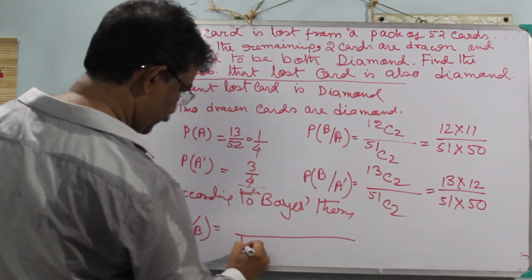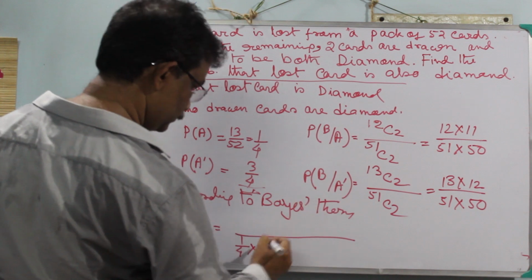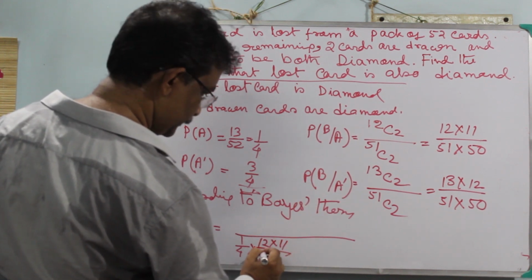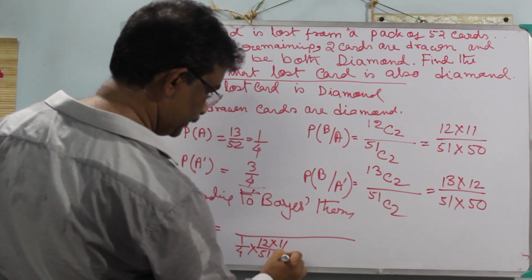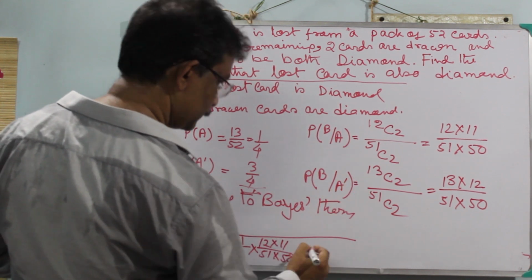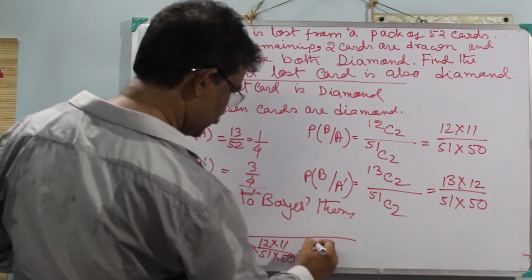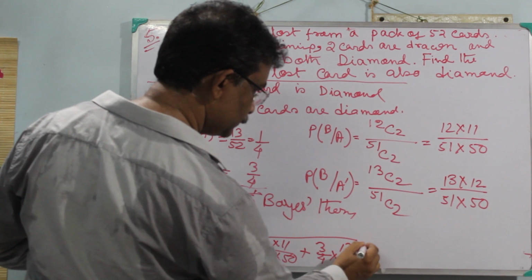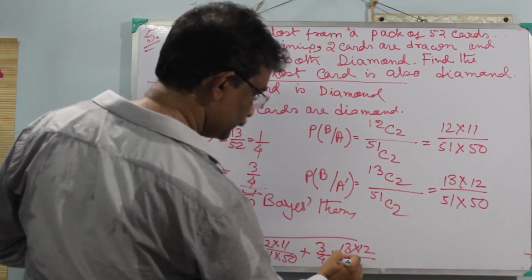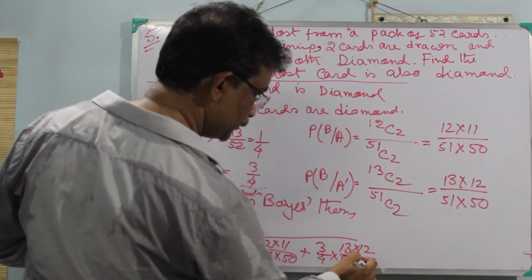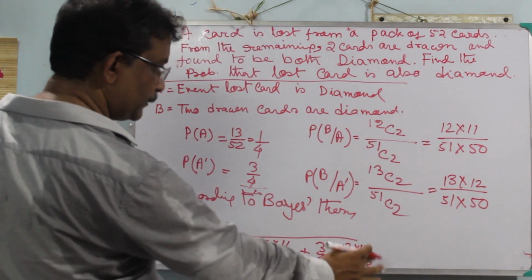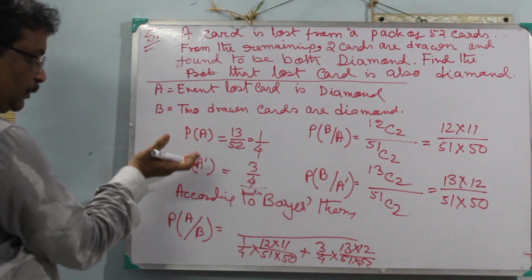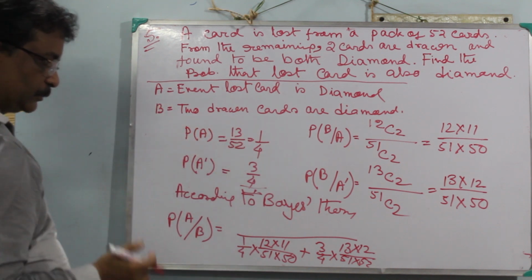So 1 by 4 into 12 into 11 by 51 into 50 plus 3 by 4 into 13 into 12 by 51 into 50. This is the probability of 2 cards being diamond in both cases, either the lost card is diamond, or not diamond.